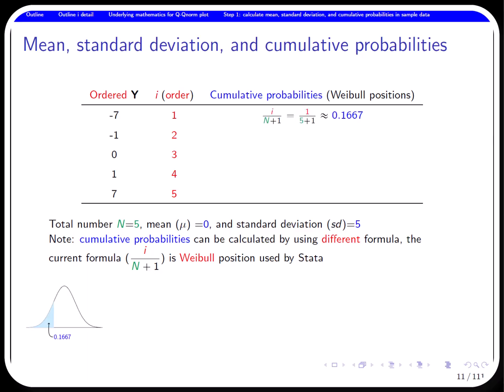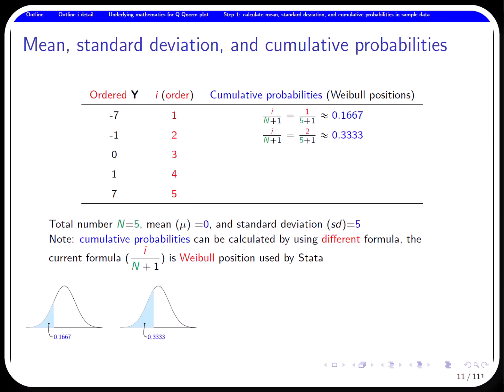For the first observation, the cumulative probability is 1 divided by 5 plus 1, roughly equal to 0.1667. The cumulative probability is illustrated by the figure at the bottom. The shaded area is the cumulative probability.